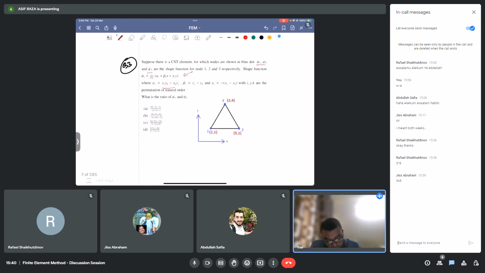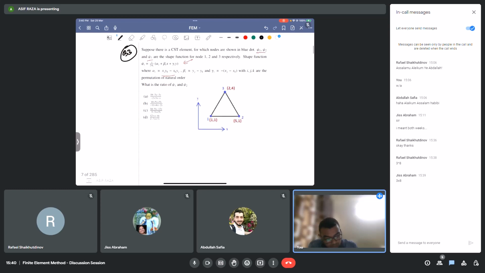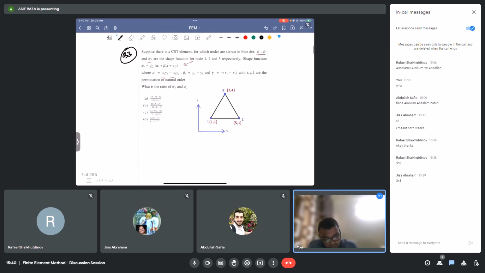What is the ratio of Psi1 and Psi2? This is pretty straightforward, I would say. Everything has already been provided.